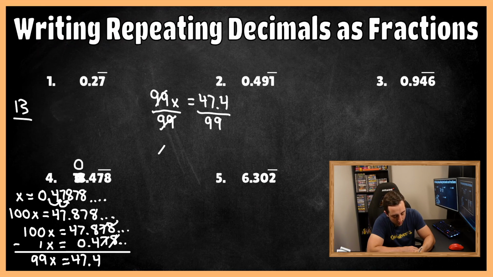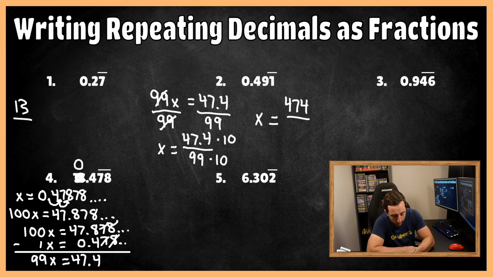These cancel. We get x equals 47.4 over 99. We want to get rid of that decimal point by moving it once to the right. So we do that by multiplying the top and bottom by 10. And we end up getting x is equal to 474 over 990, which can be simplified if you divide the top and bottom by 6.